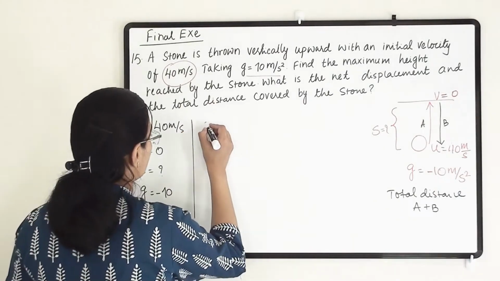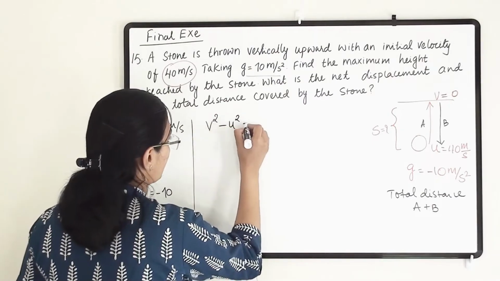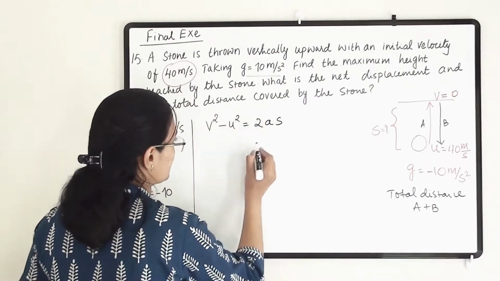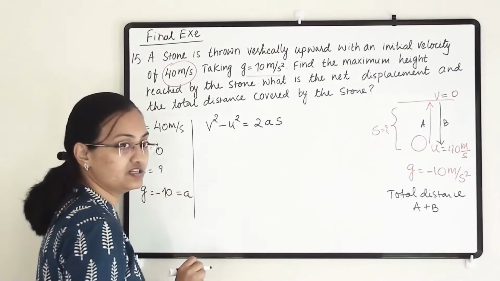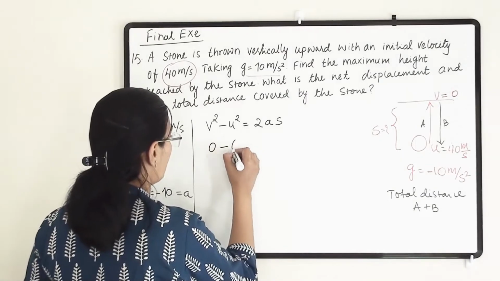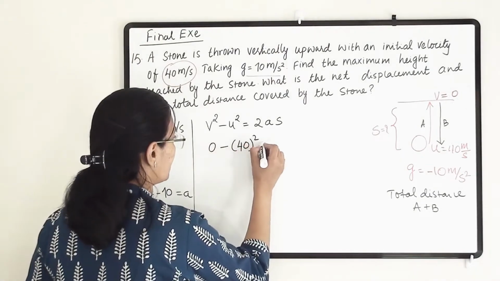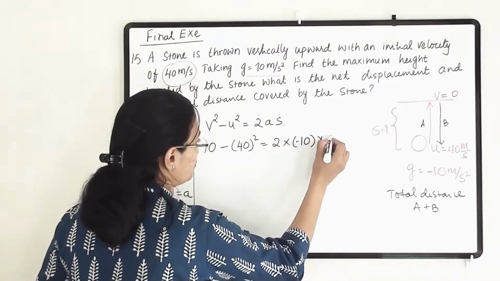Now let us write the equation: v square minus u square equals to 2as. Now a we are taking equals to g because that is acceleration due to gravity. So v is 0, minus 40 square equals to 2 into minus 10 into s.